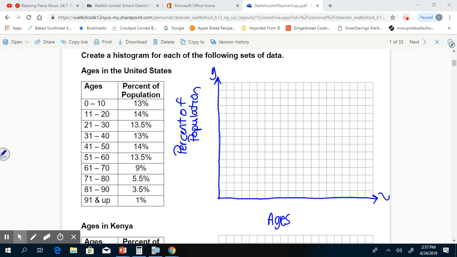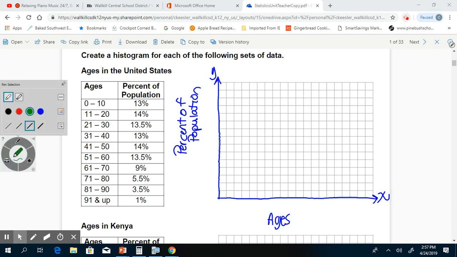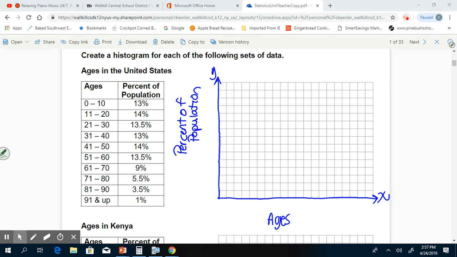So now I have to figure out how I'm going to split up this data so that it all fits on my graph. So I have 10 categories, and I have 20 boxes. So right there, that tells me that I can make each category be 2 boxes long.